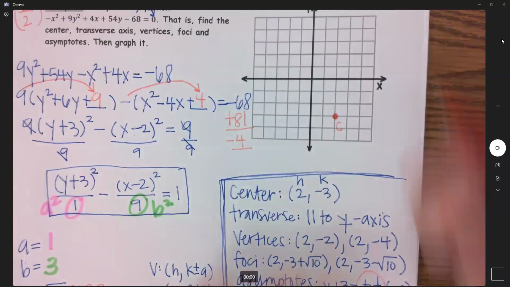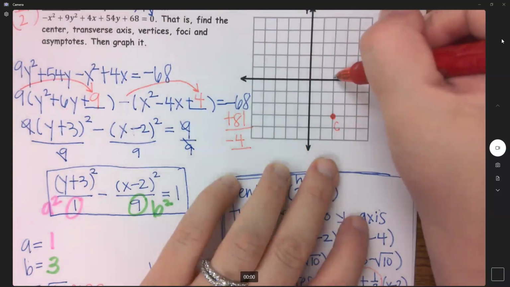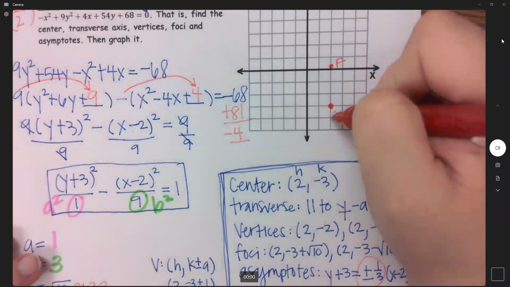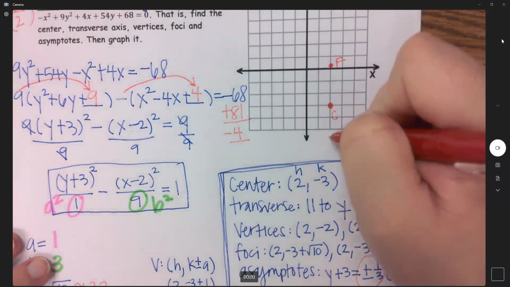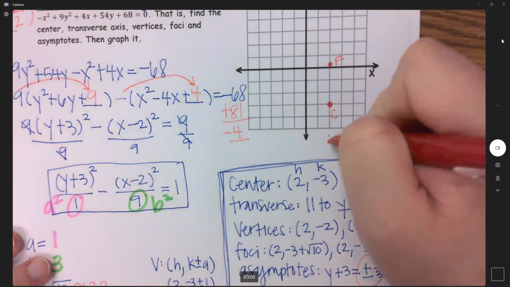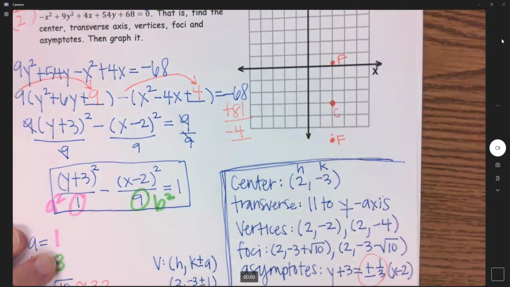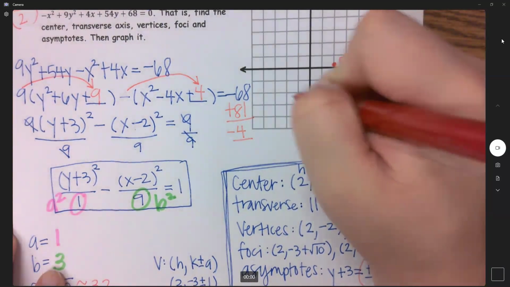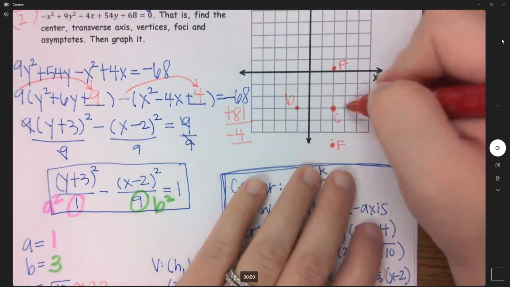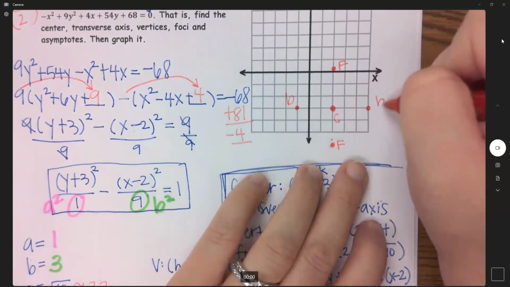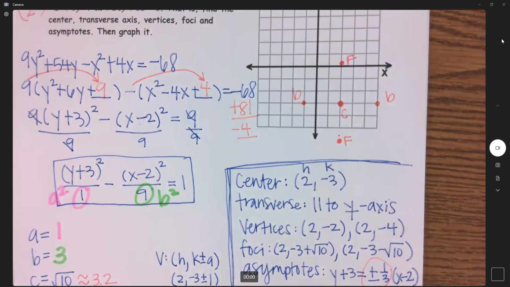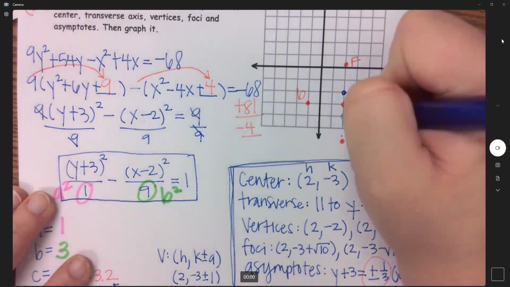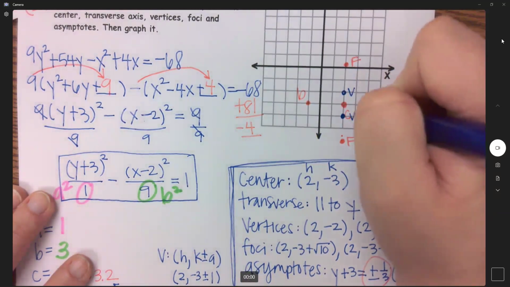So I'm going to go up 1, 2, 3 and a little extra, and down 1, 2, 3 and a little extra. For my B, I'm going to go 3 units to the left and to the right. And then my vertex is 1, so I'm going to go up 1 and down 1.